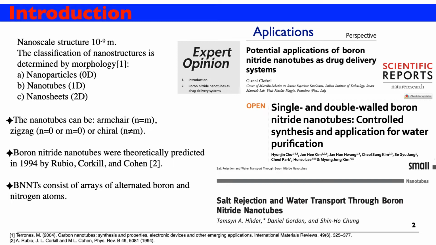They have been proposed for different applications due to the properties of this type of nanotubes: medical, mechanical, electronic, but also biomedical applications. They have been proposed for the encapsulation and delivery of drugs, for the transport of water through these nanotubes, and recently for the purification or treatment of wastewater, among others.